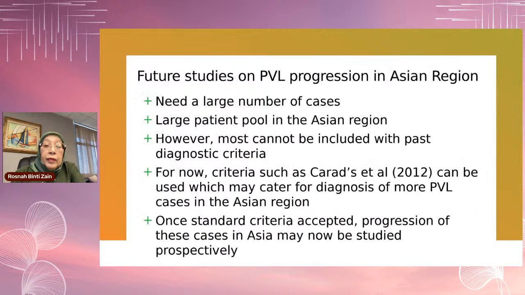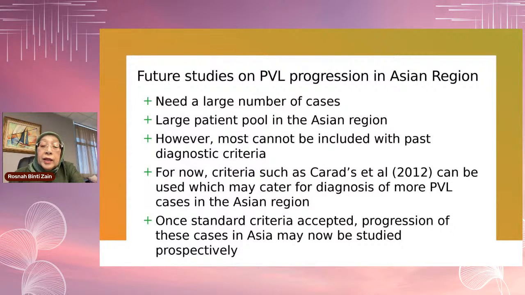Next. So future studies in the Asian region, we need to look into a large number of cases. There are studies with large numbers of cases, but I think we need more such studies in the Asian region, and most cannot be included with past diagnostic criteria. But I have to say that by now, most can be included. So criteria such as Carrard et al. can be used, which may cater for diagnosis of more PVL cases in the Asian region.